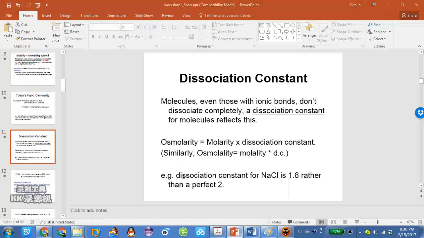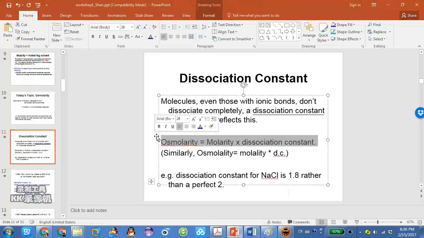Okay, so we have the osmolality and osmolarity definitions as this. Osmolarity equals molarity times the dissociation constant of this molecule. Similarly, osmolality equals molality times the dissociation constant.